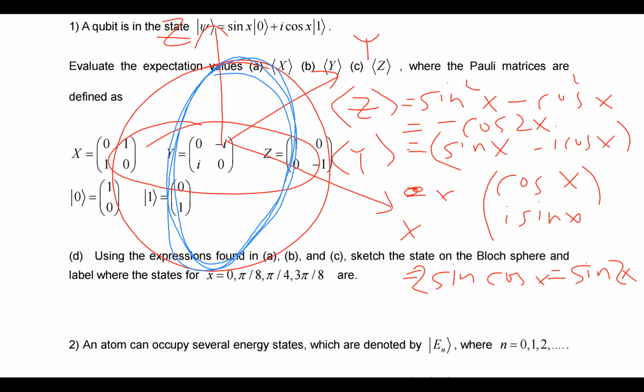So for example, for x equals 0 here, that would be an example where Z is going to be equal to minus 1, and then expectation Y is going to be equal to 0. So in this case, for x equals 0, it's going to be down here.